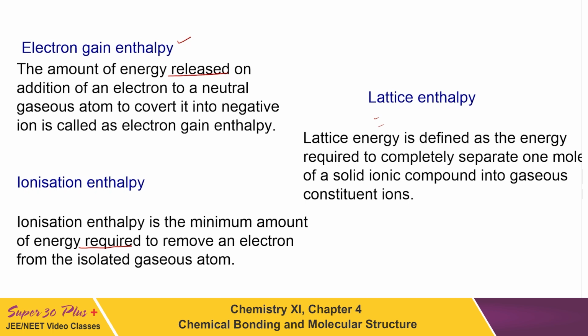So it is required energy when you separate an ionic compound into its constituent ions, and when the constituent ions combine together and form the ionic lattice, this energy is not required. In that case it is released energy. So these are some energies which are involved in ionic bond formation.